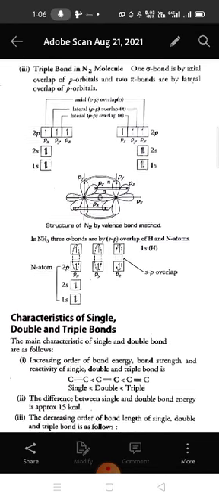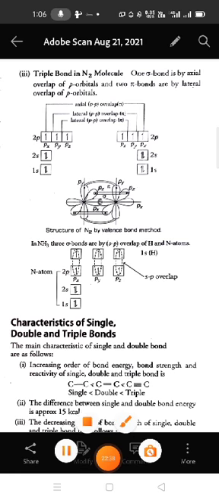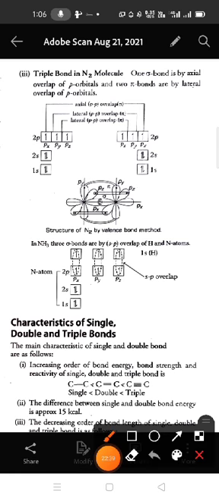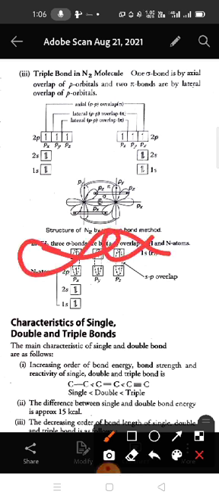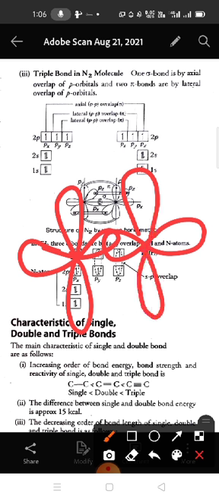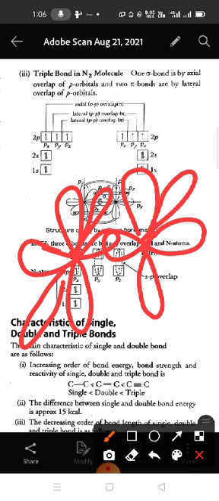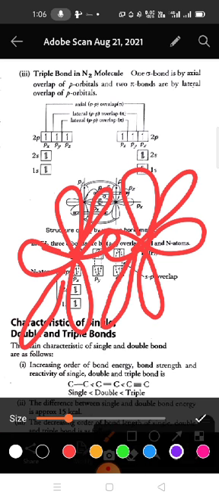This is another example, the N2 molecule, and you can see here the overlapping of px, py and pz. So you can denote it like that.